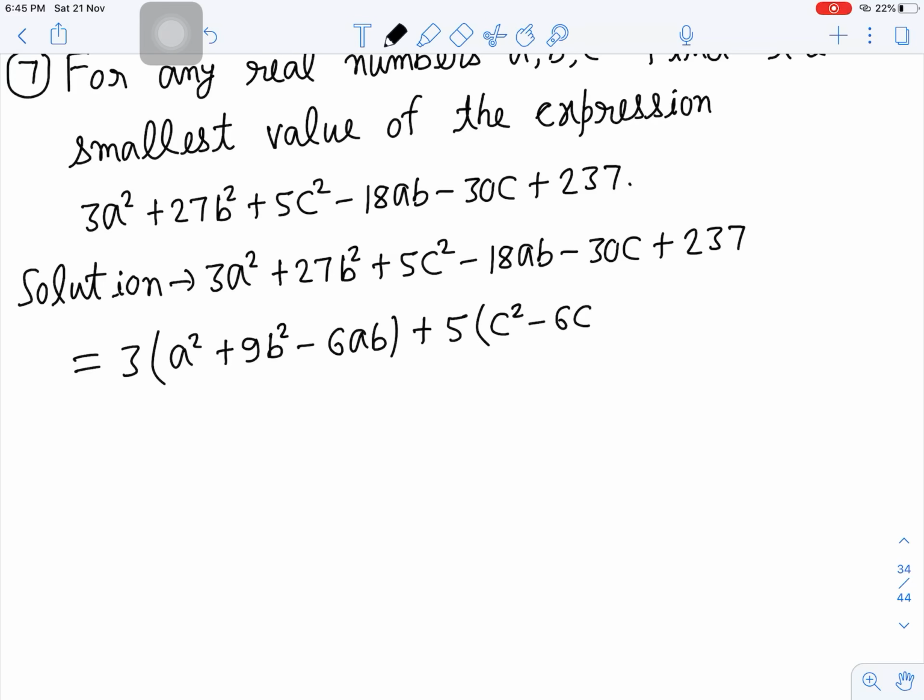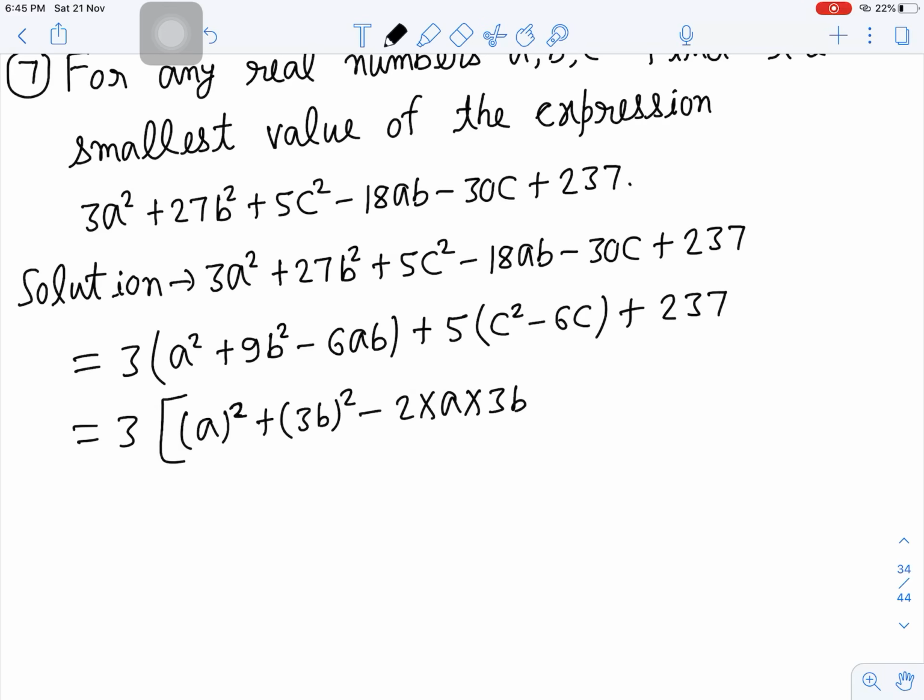Okay, now what we will do is try to complete the whole square. You can write this as a whole square, then you can write this as 3b whole square, then minus 6ab you can write as 2 into a into 3b. Then 5 into c square, and 6c you can write as 2 into c into 3.